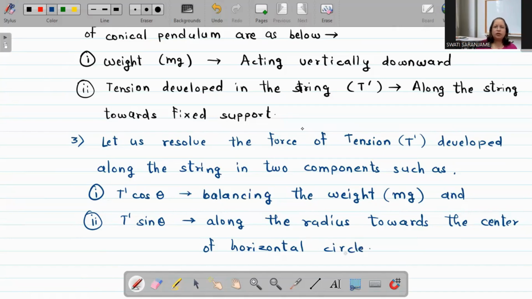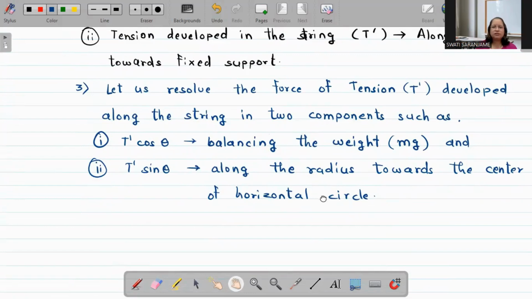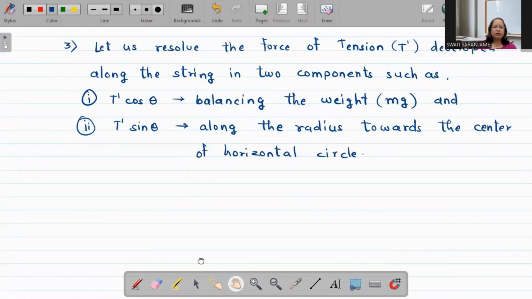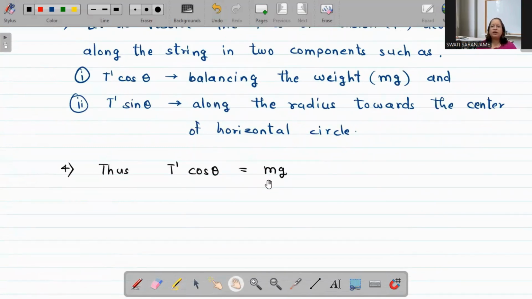So from this information, this is our fourth point, we can write this in equation form: T dash cos theta is equal to mg, since it is balancing along the same line as mg but in opposite direction. This is our equation 1.